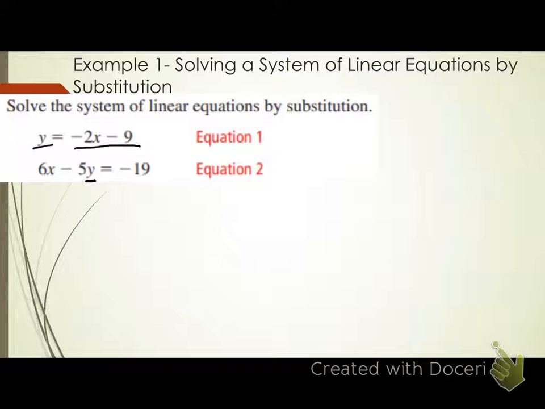Does everyone see that? So I'm going to rewrite my bottom equation exactly the same, except when I get to my y value, I'm going to plug in the expression that it equals. So what does y equal?